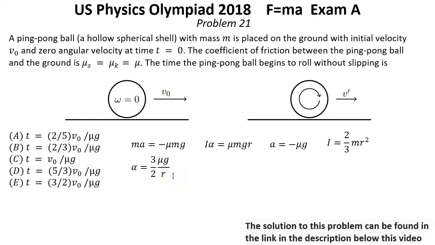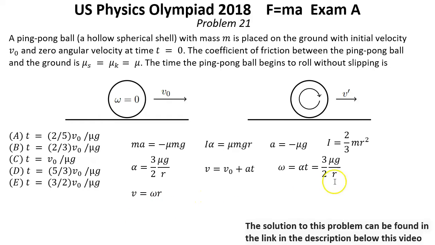Now let's write equation for velocity and for angular velocity. For velocity we have this equation, velocity equal v0 plus at, and angular velocity equal alpha t, which is this one. Also, in time when this ball moving without slipping, we have v equal omega r.